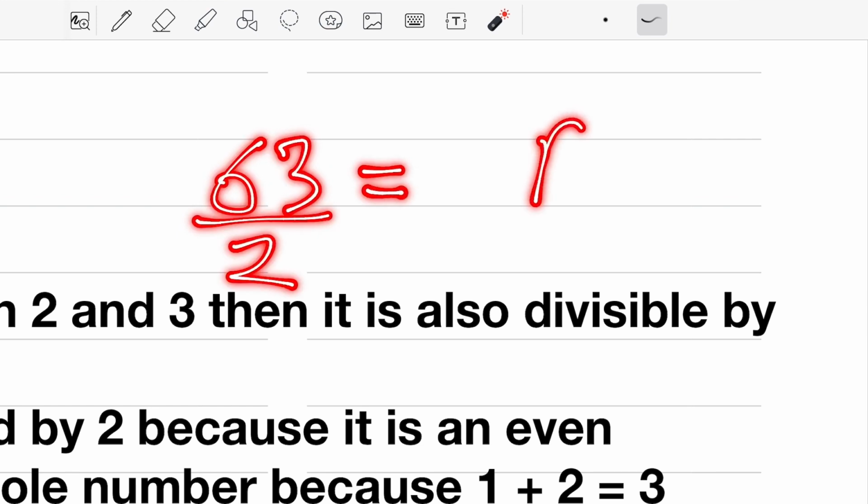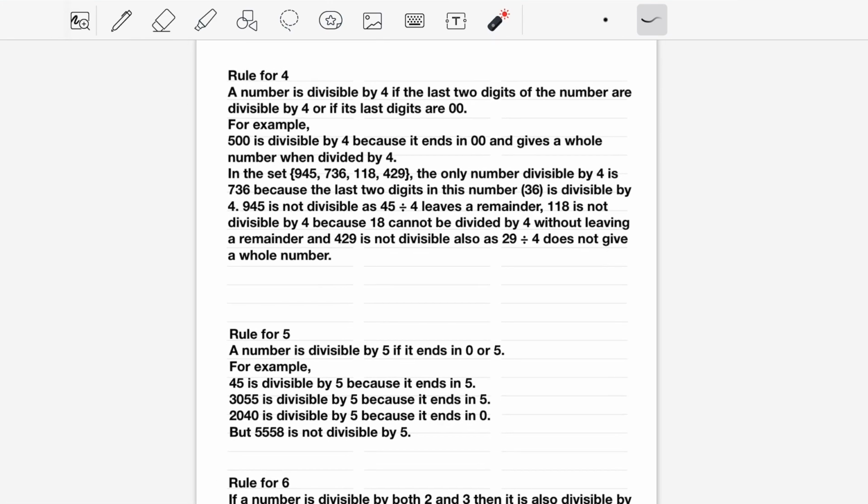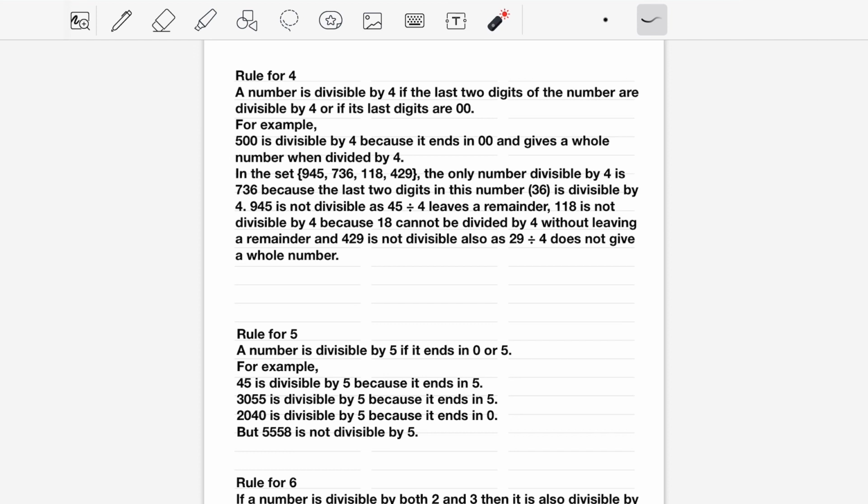You will get a remainder. You can feel free to pause the video and take down the notes and the examples, and feel free to add your own examples, but ensure that you test the example. Let's continue.